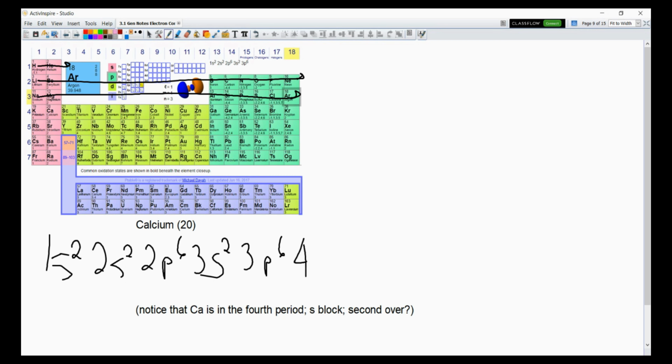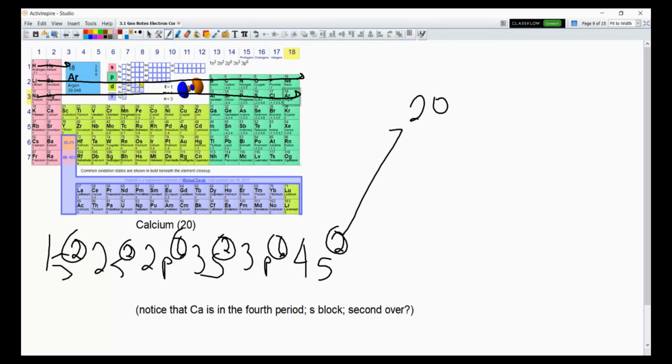So it's 4, and it's in the S block, and it's the second one over, 4s2. It's number 20 on the periodic table. So if we add up 2, 6 is 10, then 2 is 12, and 6 is 18, and 2 more is 20. We see those numbers add up to 20.